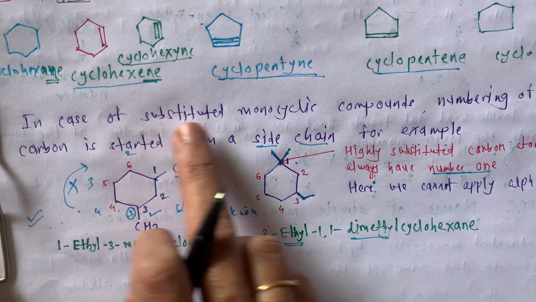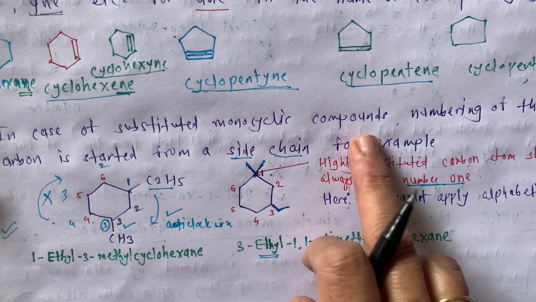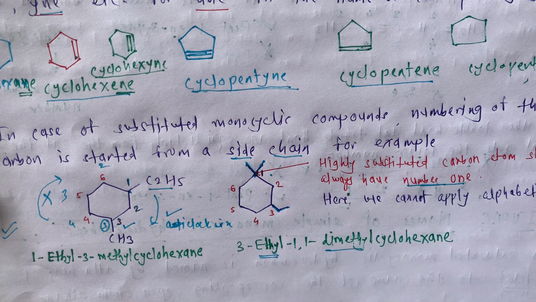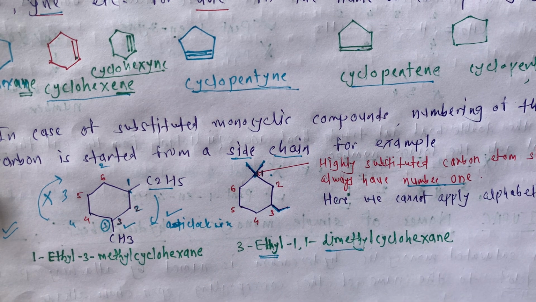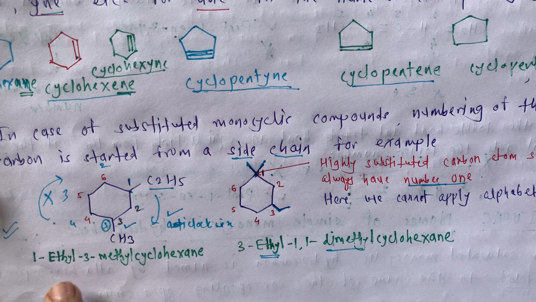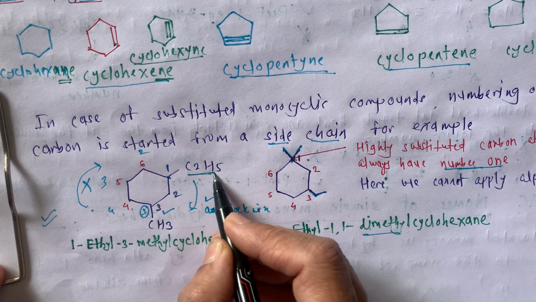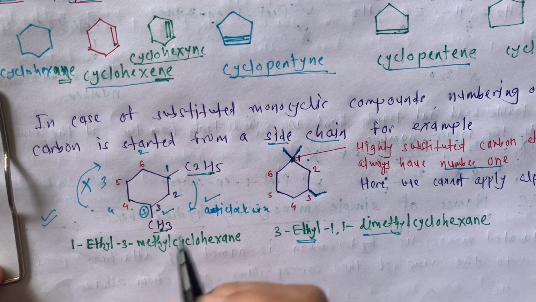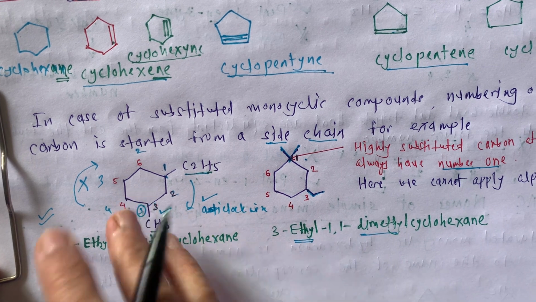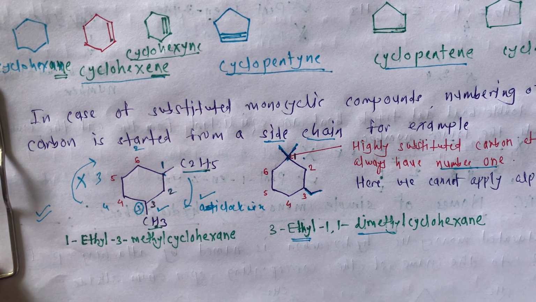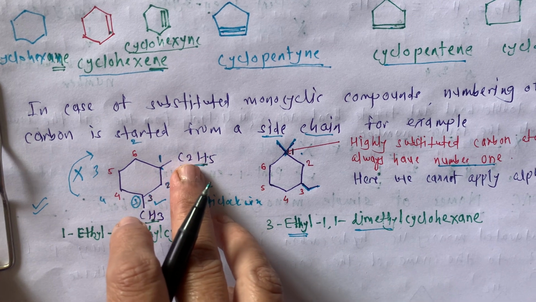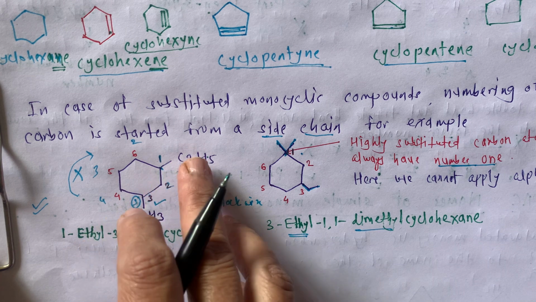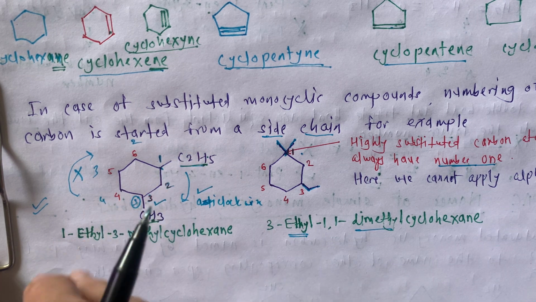In case of substituted monocyclic compounds, numbering of the ring carbon is started from a side chain. Numbering is started from the side chain. See now, this is a side chain, this is a side chain; this is an ethyl group, this is a methyl group. Now here we have to follow alphabetical order, as in our saturated hydrocarbons, you have to number the compound according to alphabetical order.